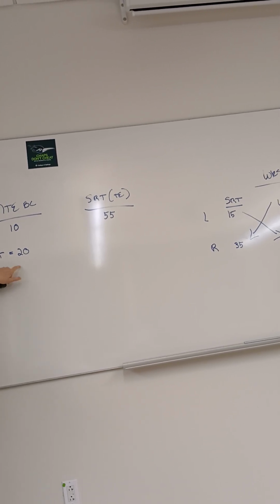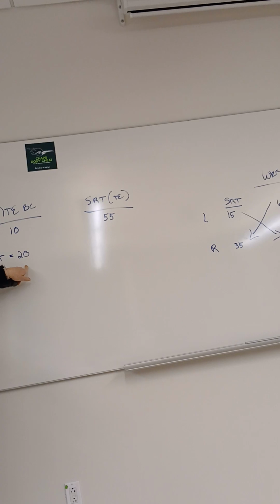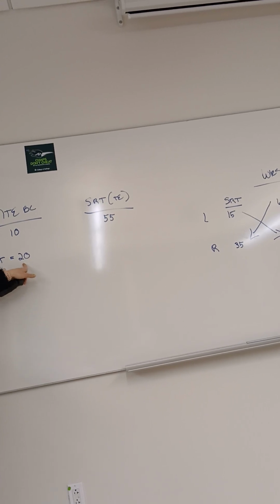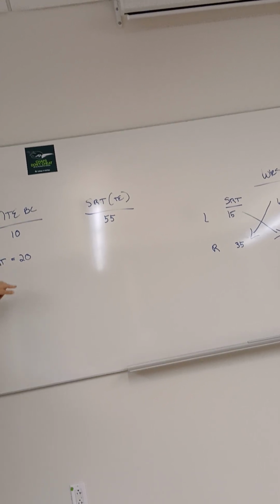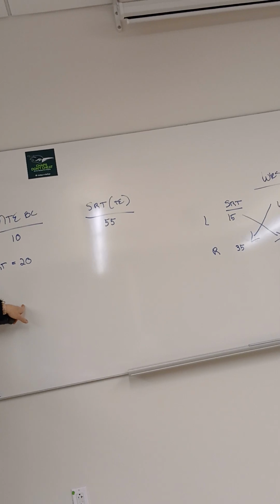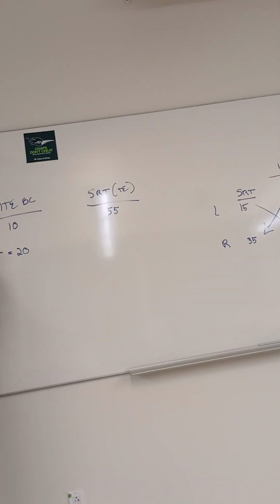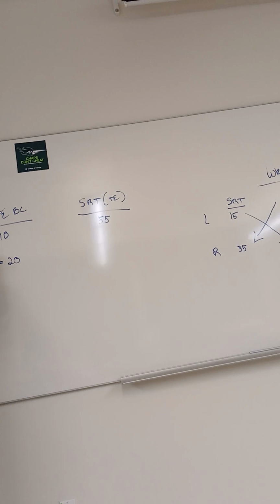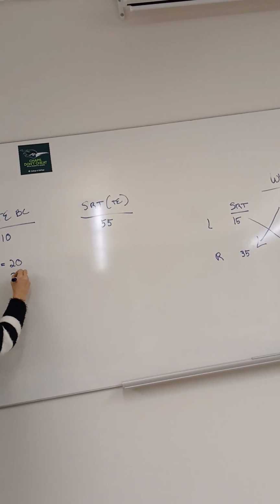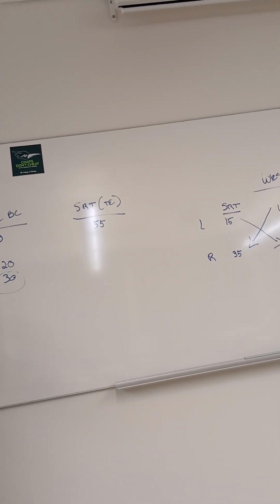So this is how much masking we're putting in our non-test ear. If our SRT level of our non-test ear is 20, we're adding 10. So your masking is going to be 30 for your initial masking level.